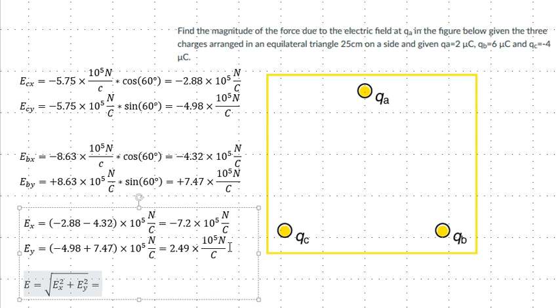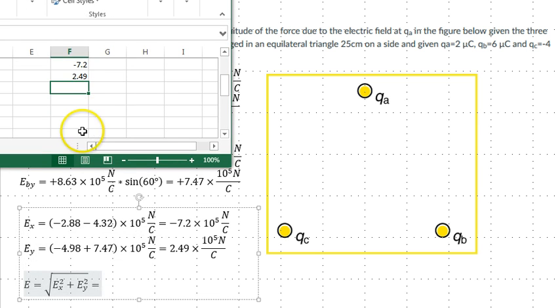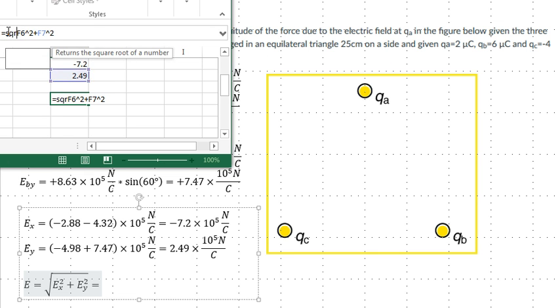Okay, so let's get that. 7.2 equals that squared plus that squared, and I need to take the square root of it all.